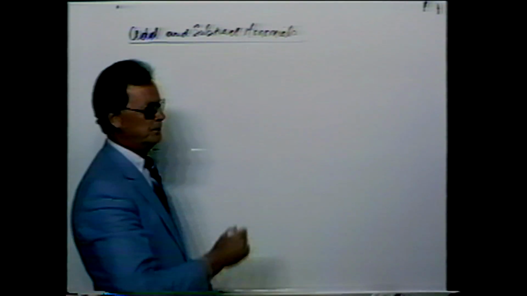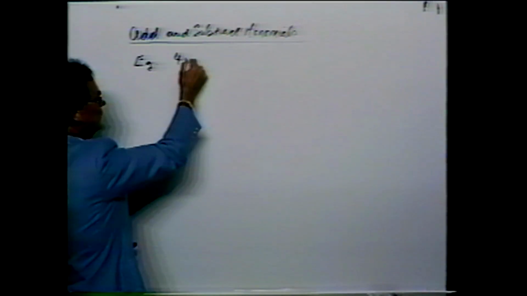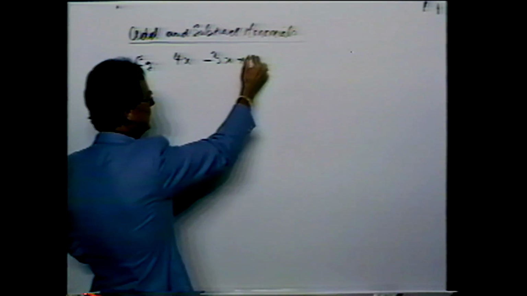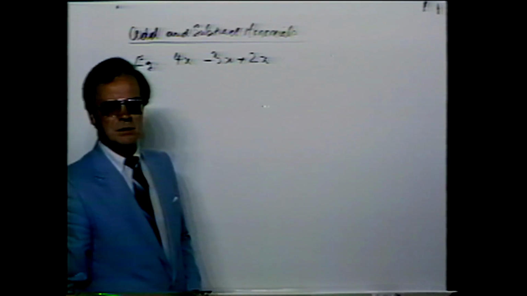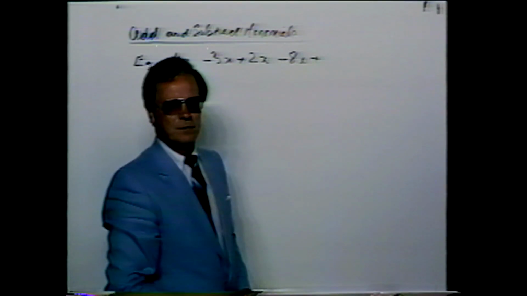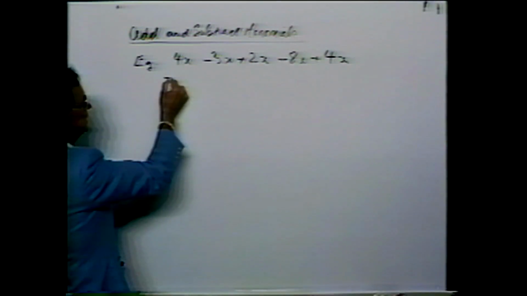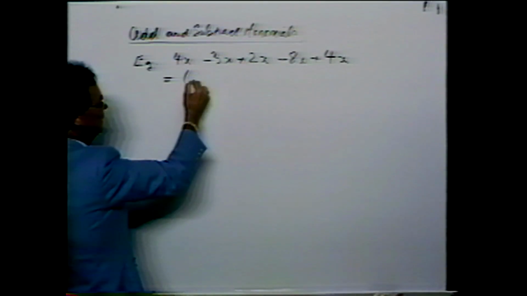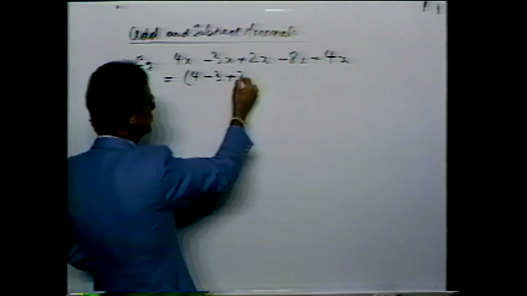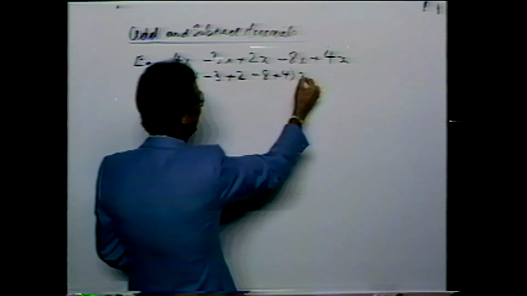For example, 4x minus 3x plus 2x minus 8x plus 4x. This is equal to 4 minus 3 plus 2 minus 8 plus 4 x's.